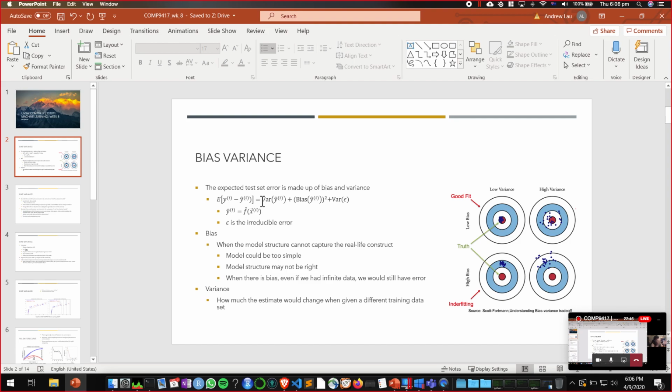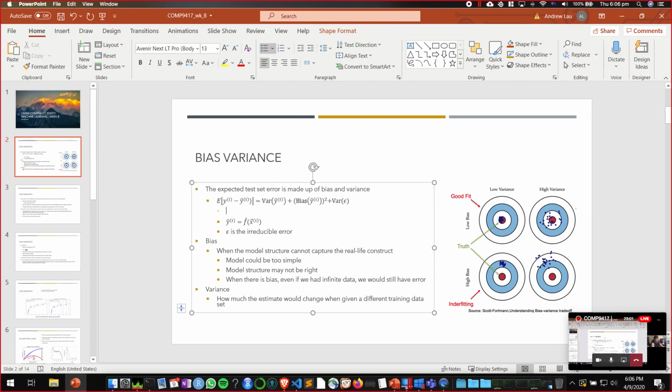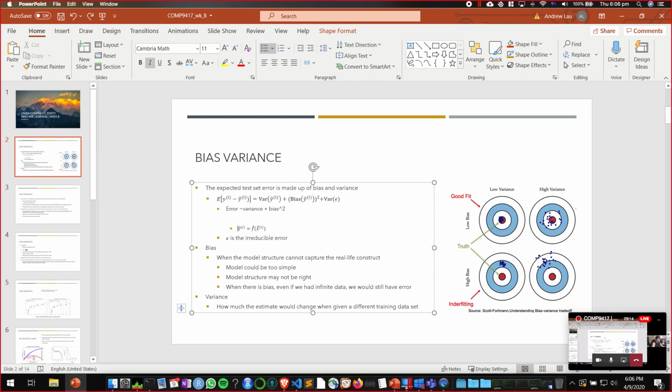We have several components, and there's a bit of notation here. You don't need to worry about it, but I like to put it up because to me it makes it a bit clearer. In the slides, it just says error is approximately variance plus bias squared.